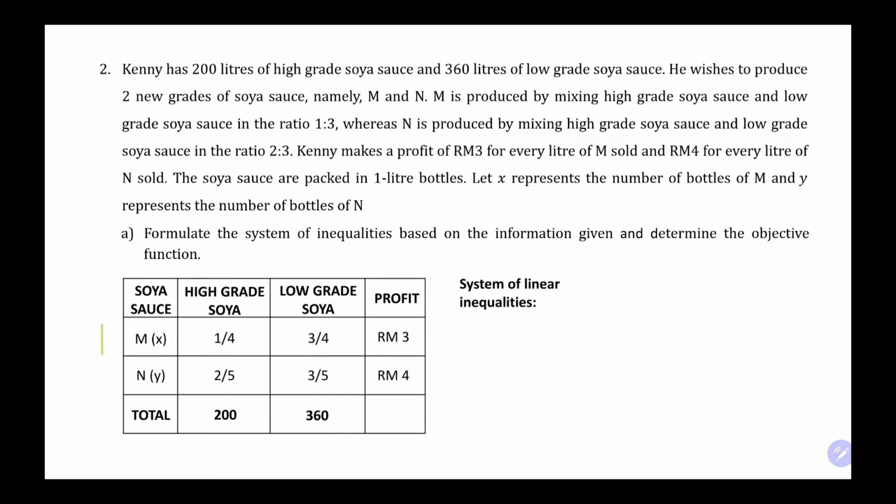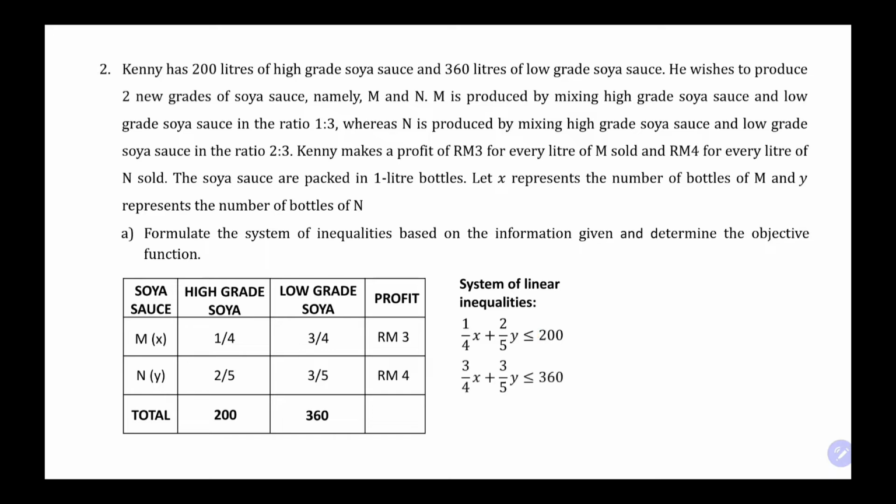We read from x, y, M, N. So we have 1 over 4 x plus 2 over 5 y, and we have total 200. We put less than or equal since Kenny has only that total.